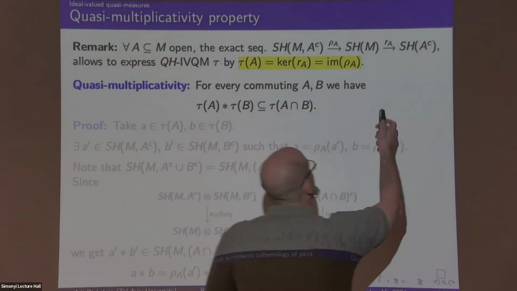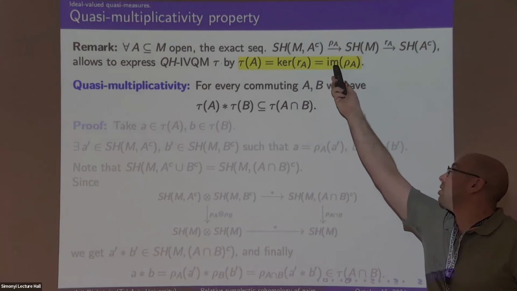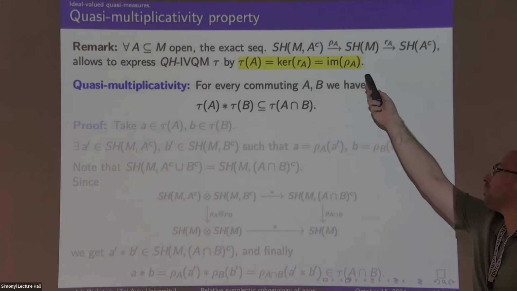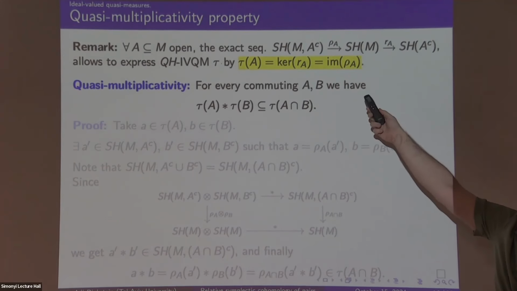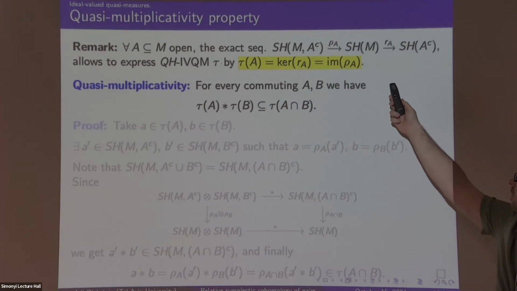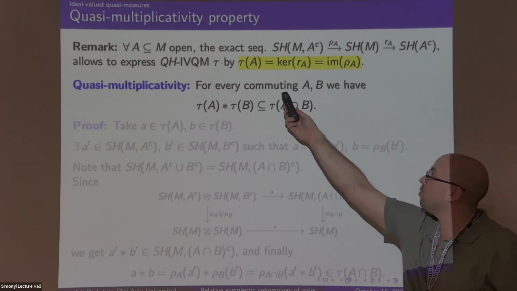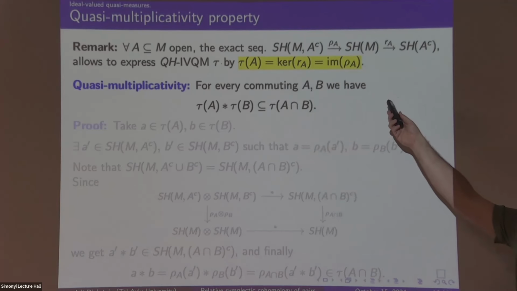So here we have exactness. Here is the restriction map. Here is a projection from the relative symplectic cohomology of the complement of A. Then the IVQM of A equals the image of this map.